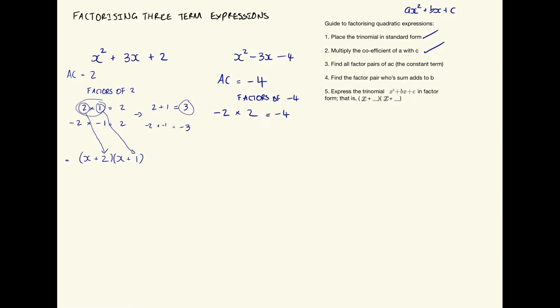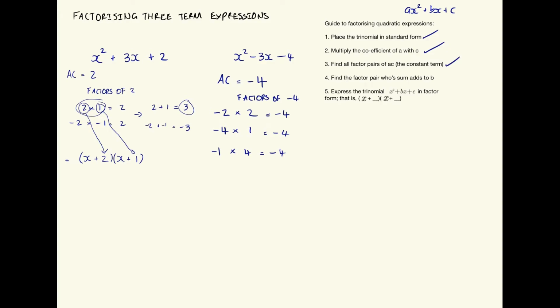We've also got negative 4 times positive 1. That would make negative 4. And we've also got negative 1 times positive 4. That would also equal negative 4. So they're all the factors that I can think of so far that when you multiply them, they make negative 4, which is our value of ac. All right, so that's that step.